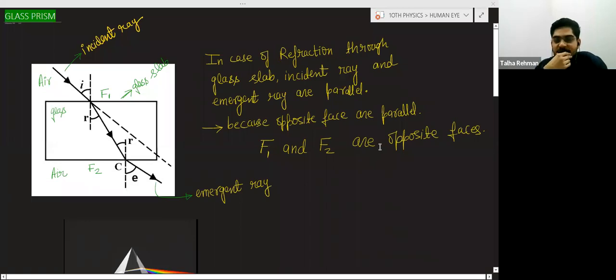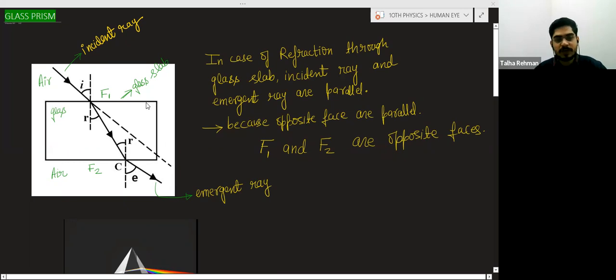But in case of refraction through a glass slab, see, this is the incident ray direction, and see the emergent ray. Emergent ray means the finally refracted ray. They are parallel, because of opposite faces. And why are these rays parallel?